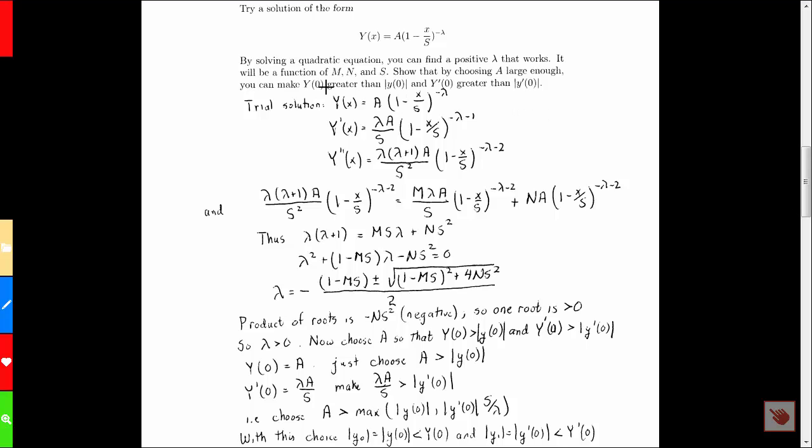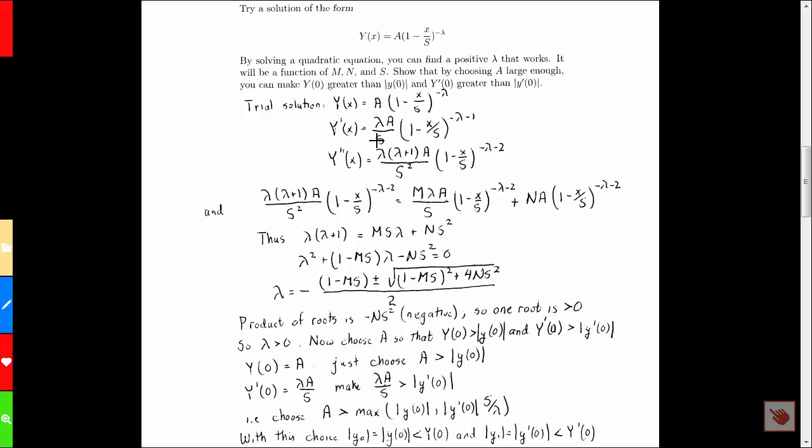So here's our trial solution. Differentiate it to get Y prime. We get a minus 1 over s from the chain rule, and so Y prime is lambda a over s times (1 minus x over s), but now to the minus lambda minus 1 power.